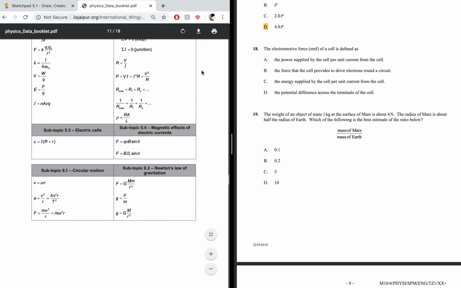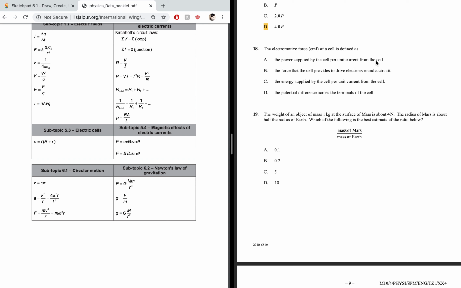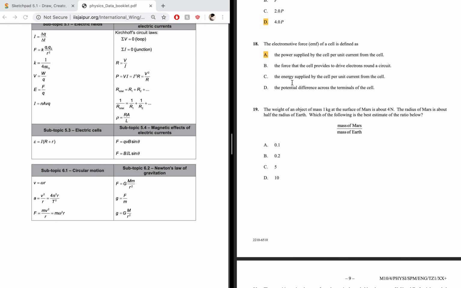What you have to do is use this formula right here: P equals VI, and you divide by I on both sides. The power supplied by the cell per unit current from the cell. And this accounts for internal resistance, because electromotive force is slightly different from voltage. So this is actually our answer. And this one's kind of tricky.